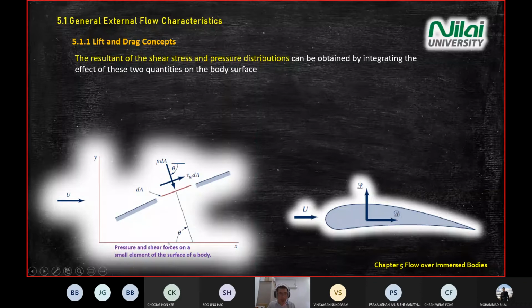We have X and Y axes, and then we have a surface area, which is slanted with an angle, and this angle is defined between the x-axis and the normal of the pressure. Because the pressure in this case always acts at 90 degrees to the surface, normal to the surface.